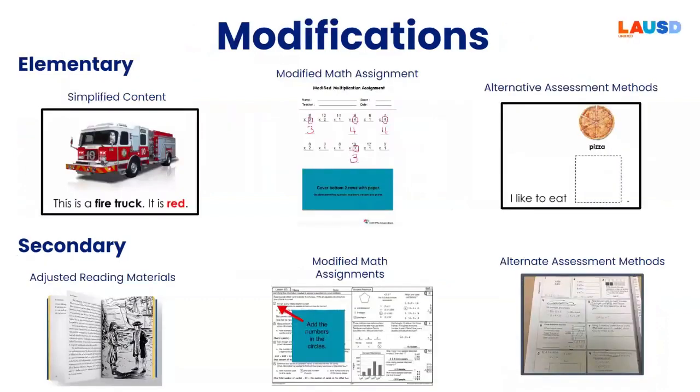The term modification refers to changes made to the environment, curriculum, instruction, or assessment practices that fundamentally alter or lower expectations in instructional level, content, or performance criteria. Modifications are typically applied for students on the alternate curriculum.